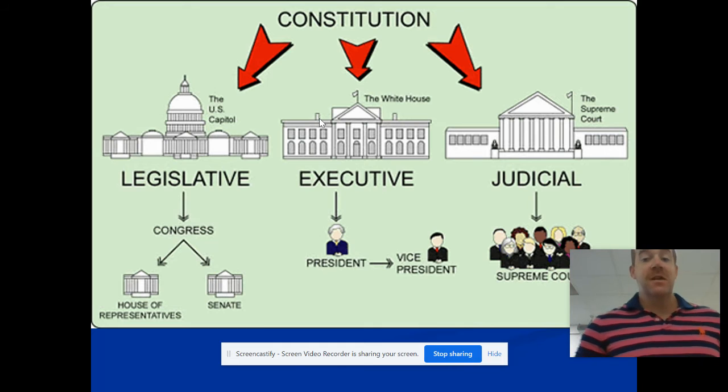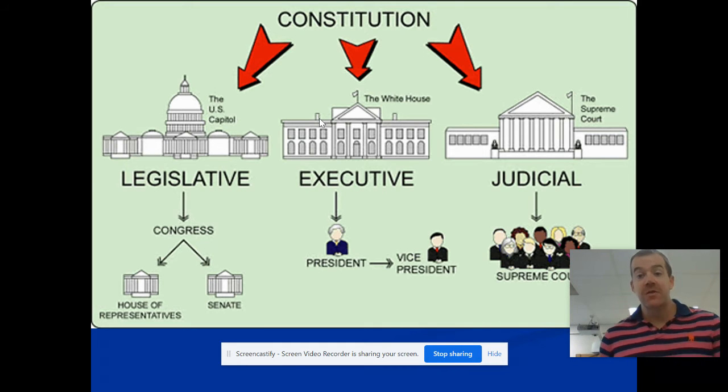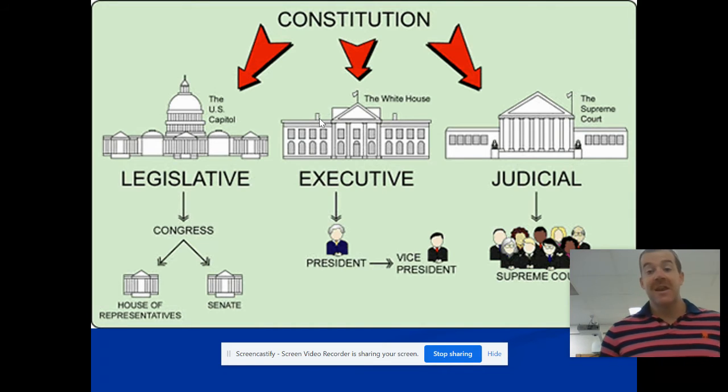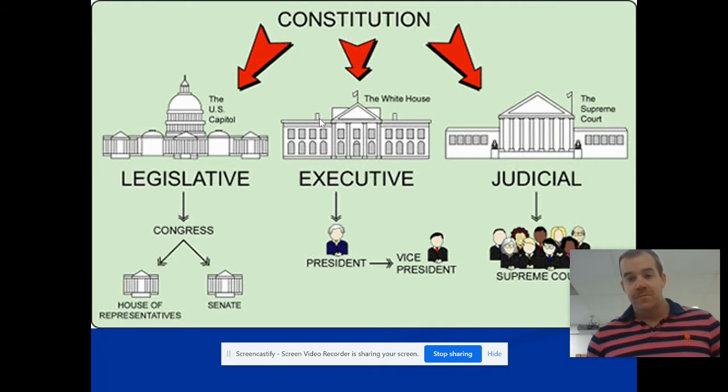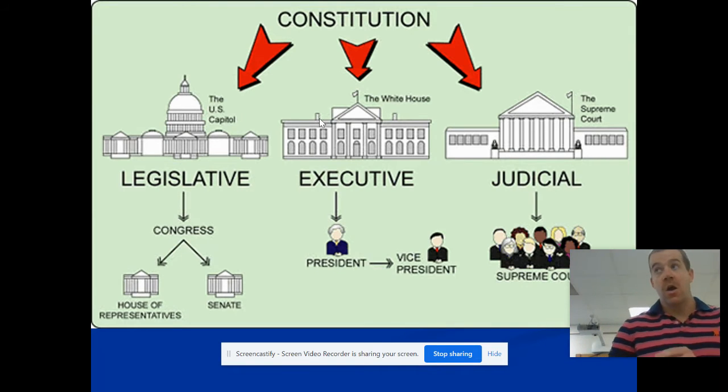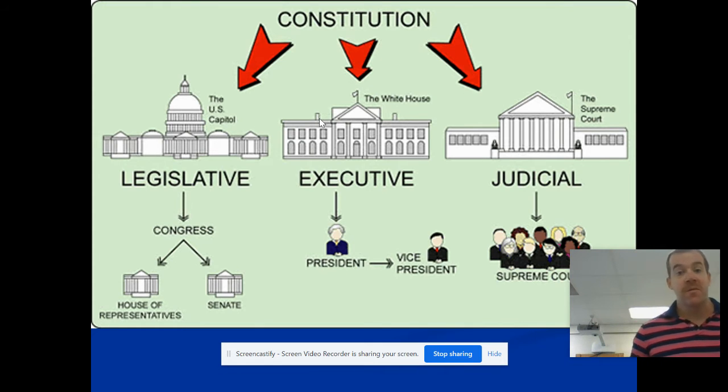The House of Representatives there being based off the Virginia plan, where it's proportional to the population of the state. So which state today do you think has the most representatives? California. And then the one with the least would be also the state with the least population, which would be Wyoming.